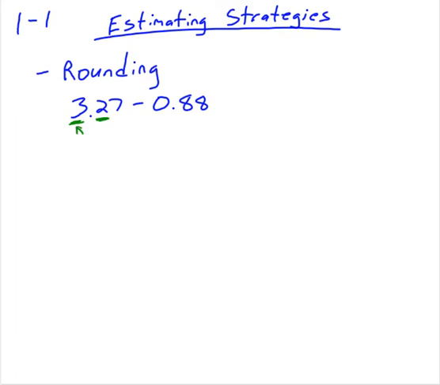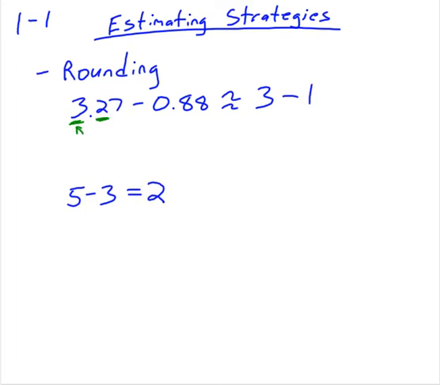So what we do is we put this little symbol here, and that means approximately equal to. If we were doing something like 5 minus 3, we would say that equals 2, because that is exactly 2. But now when we're rounding, I'm going to turn this 3.27 into a 3. And I'm going to turn this 0.88, which is closer to 1 than it is to 0, into a 1.